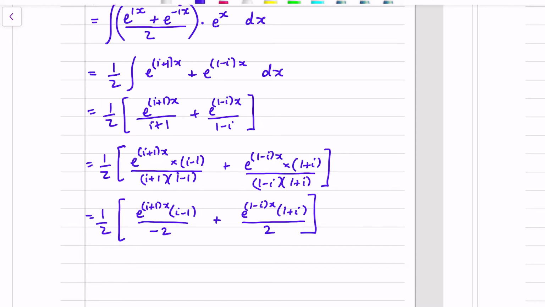Okay, so it doesn't look like we're expecting trig functions in it, but that's where that formula we've already seen before comes in handy.